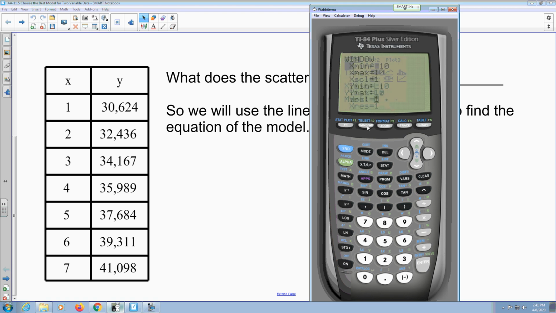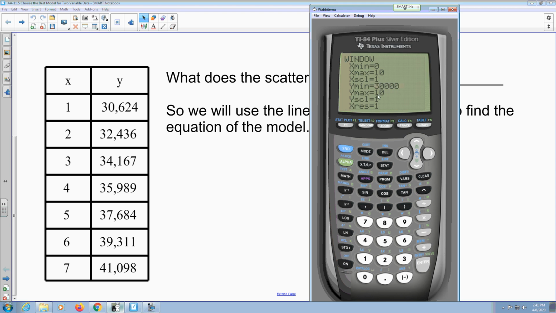Now we're going to click on Window so I can read this. My smallest x value was 1, so I'm just going to make my smallest x value 0. My largest x value is 10, that's fine. Increments of 1, that's fine. My smallest y value is about 30,000, so I'll say 30,000.